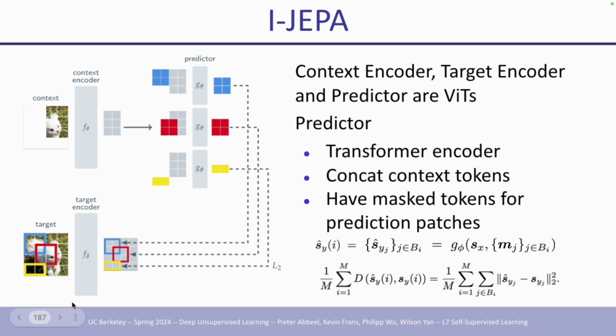And now we want to try to predict these parts in the target. The way that they represent this is as mask tokens. They pass this context as well as their mask tokens to get predicted features from the target encoder, and then they apply an L2 loss across these different features.